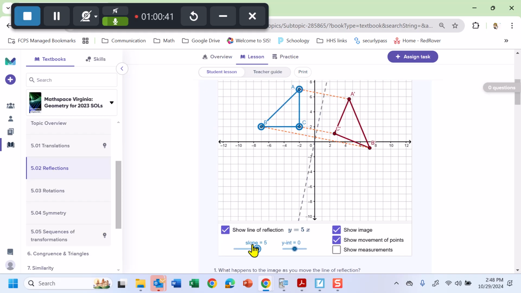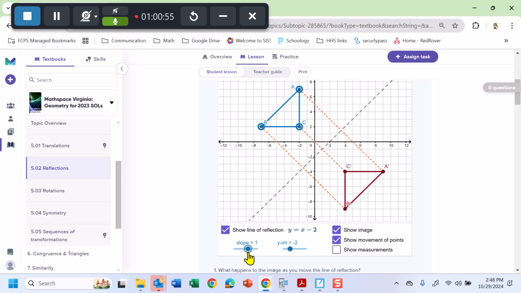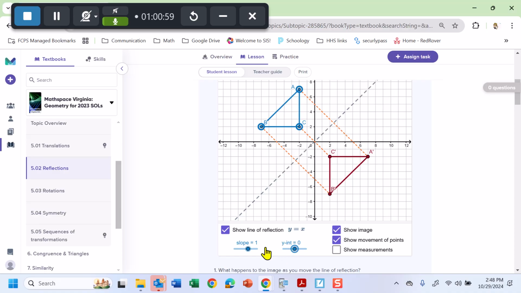I'm trying to get it so you can see it all at the same time. If I try to go vertical, is it going to let me go vertical? No. As I go closer and further, I can see that reflected image. Here is my slope of +1, and here is my slope of -1. Notice this is its own reflection over that image.